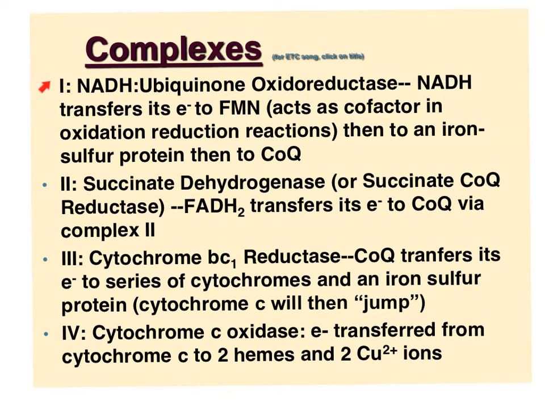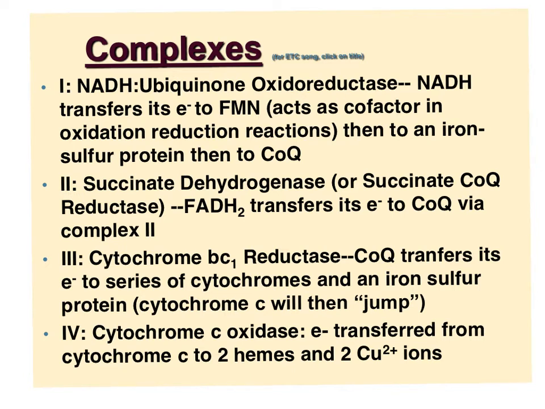Okay. So, like I mentioned, they have Roman numeral names, so they'll say complex 1, 2, 3, and 4. But then they have very specific names as well, which look really difficult, but they literally tell you what they do, for the most part. Each of them has at least 2 names.